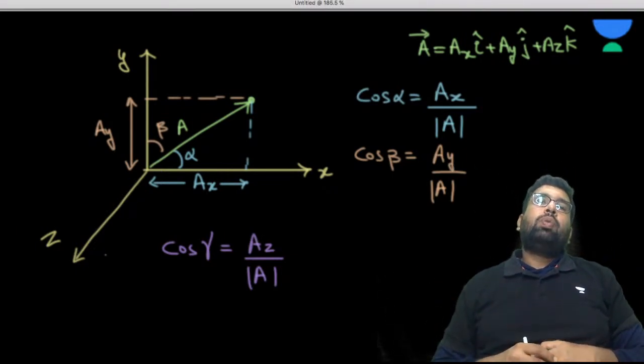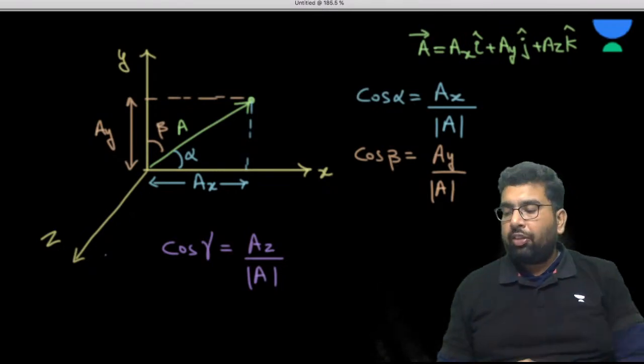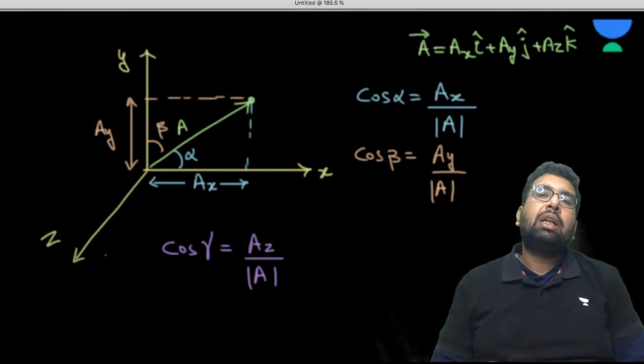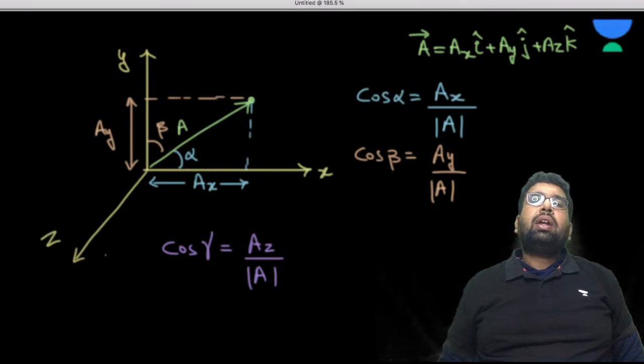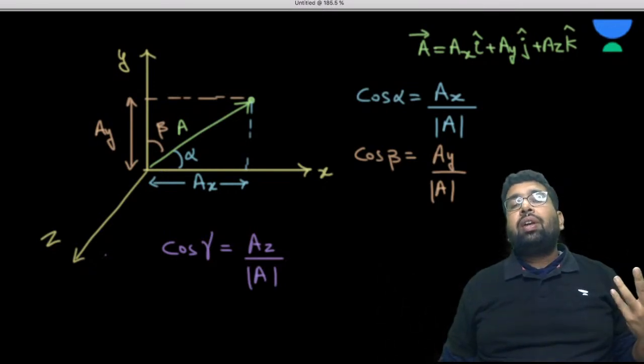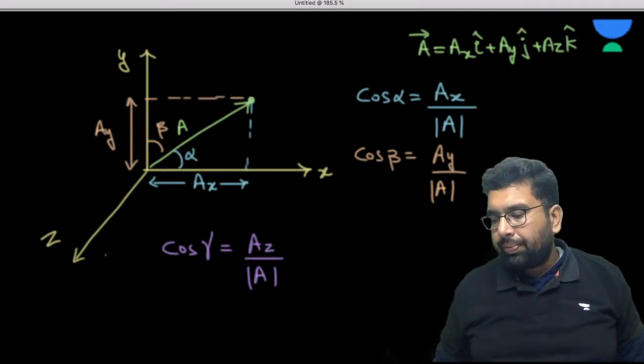If you have a vector with its i, j, and k components, you can right away get the angles that the vector is making from the x, y, and z coordinate axes. Understood, beta?